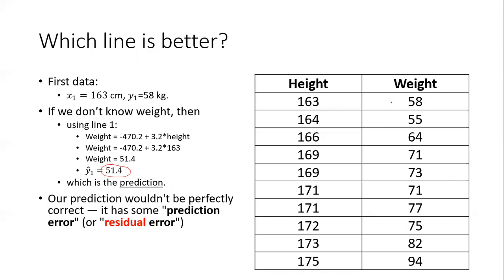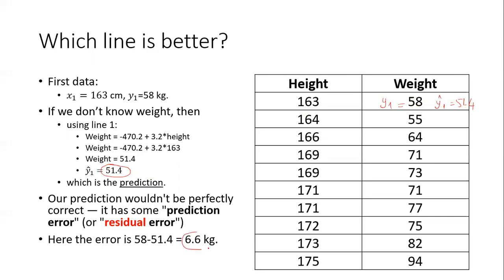How about its real weight? The real weight is equal to 58. What is my prediction, y1 hat? That's equal to 51.4. As you see, all predictions almost have errors. So what is the error here? Well, 58 minus 51.4 is equal to 6.6 kilograms.